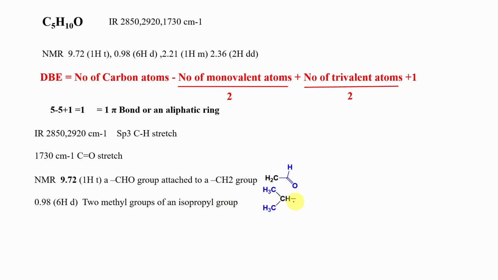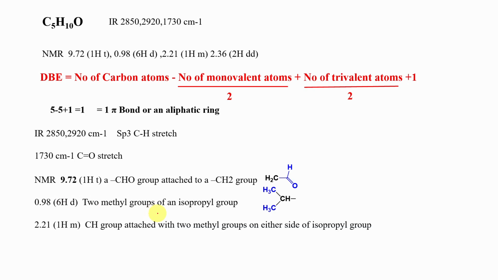Both these CH3 groups are attached to a CH group in the isopropyl group, and so both the CH3 groups are in the same chemical environment, and it gives only the doublet by interacting with the hydrogen atom of this CH group, and so 0.98, 6 hydrogen doublet indicates 2 methyl groups of an isopropyl group.